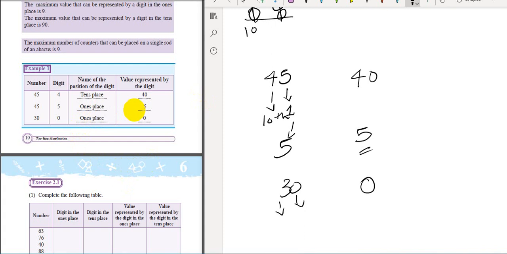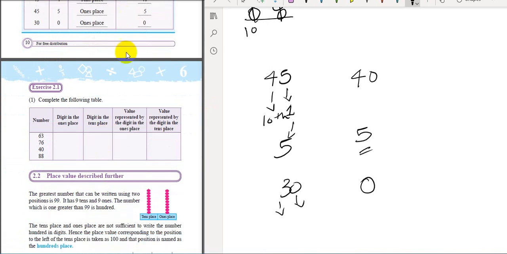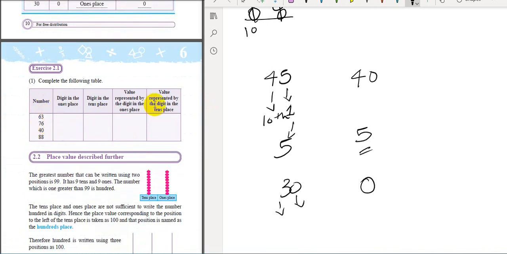Complete the following table. Digit in the ones place. 63: this is ones, so the digit in the ones place is 3. The second one is 76. This is ones, so 6. Here 40, ones place 0.